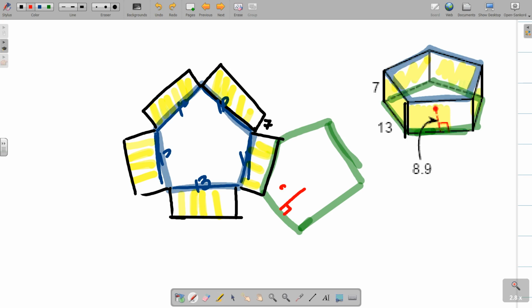And our apothem there is 8.9. Of course, each of these edges is 13 again. So that's a net, if you were to lay it out flat.